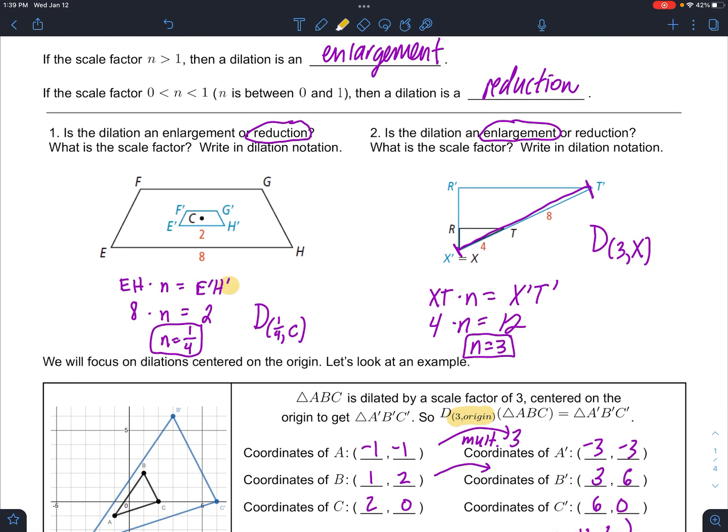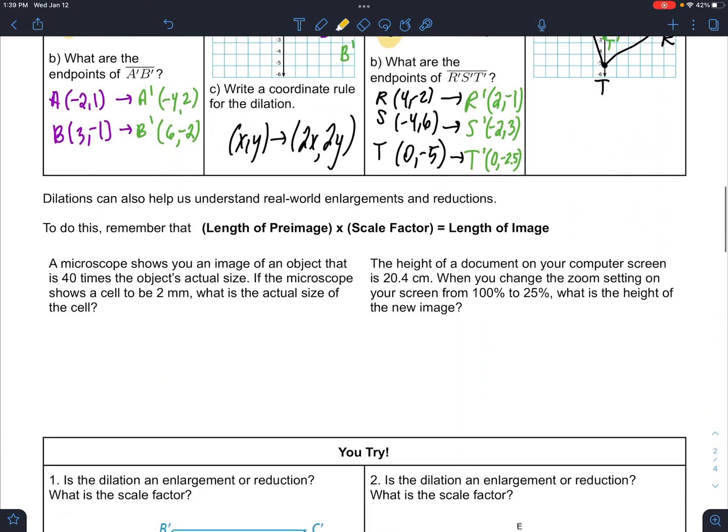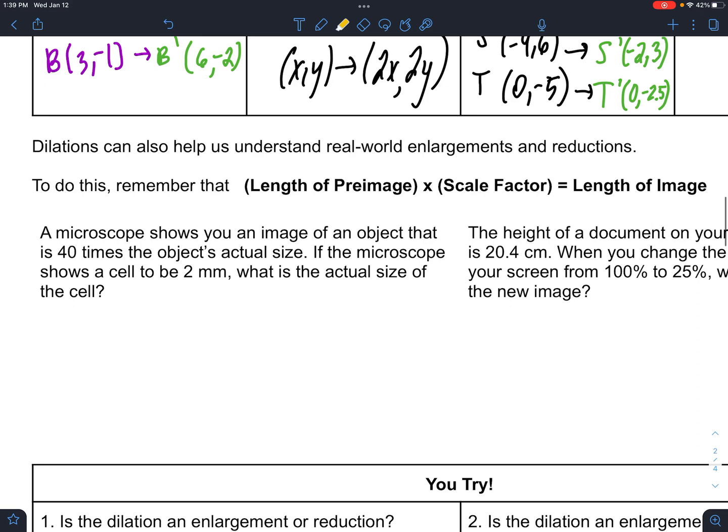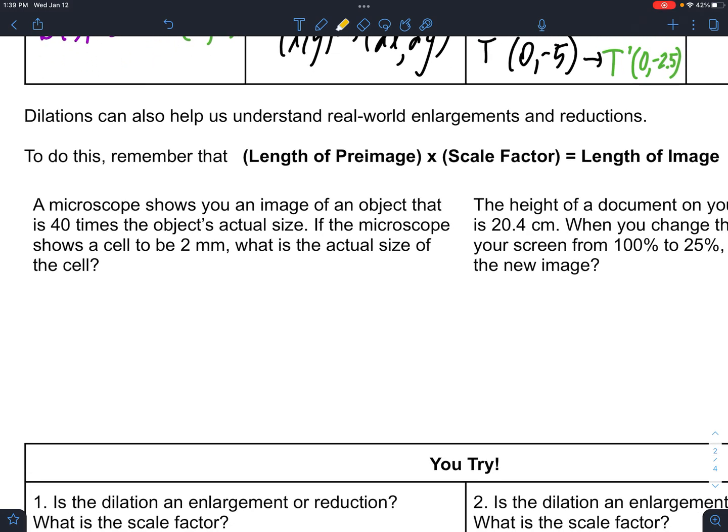Remember, just like we used the formula already up here, you take the pre-image, you multiply it times the scale factor, and you get the image. So that's what this boldface thing is talking about. I always search for the scale factor if we can find it, which is 40. So I know the structure of this equation I'm going to get. Something times 40 equals something else.